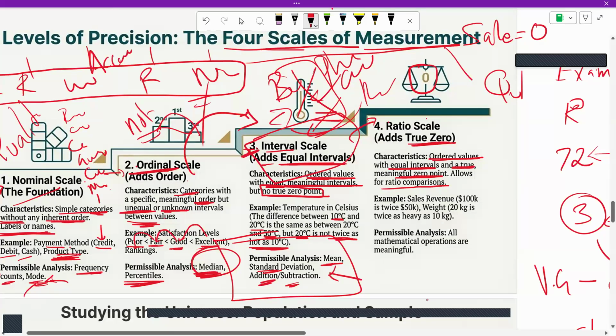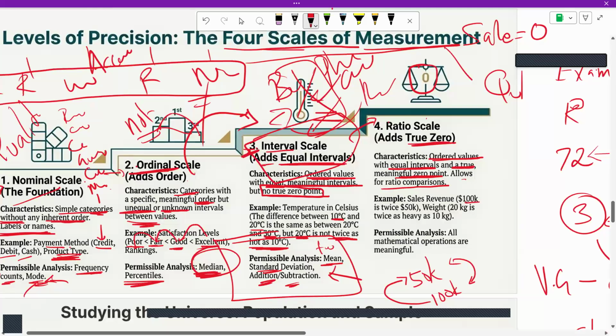Ratio means, as I told you, here with 10 Celsius and 20 Celsius we cannot say twice or double. Here it is possible. Say last month sales were 50,000, this month sales 100,000. So we can say this month's sales are twice last month's sales. It's a meaningful comparison. Or last month's sales are half of this month's sales.